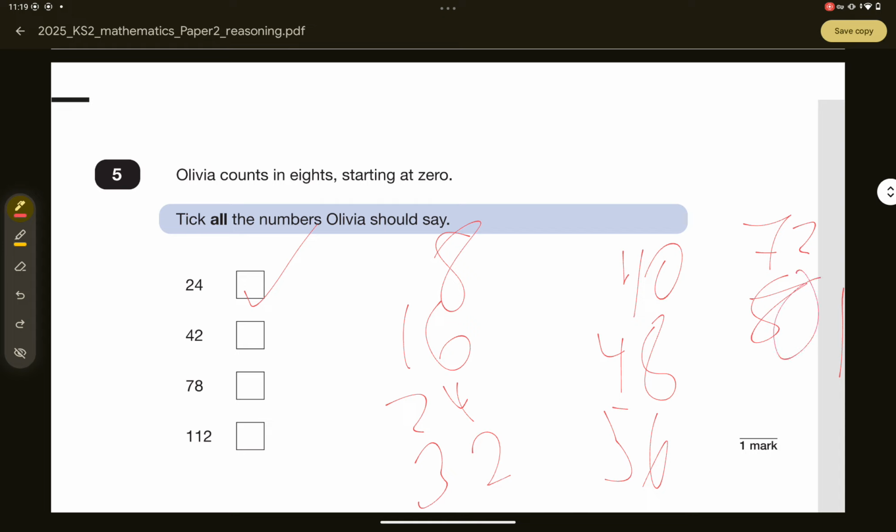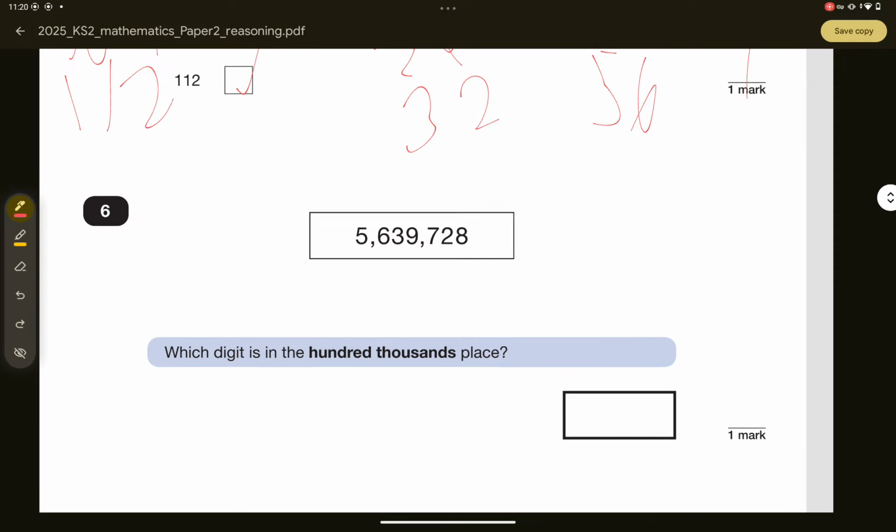And then that's also incorrect. And 112, so we know that 12 times 8 equals 96 plus 8 equals 104, and then 112, so 112, yep.